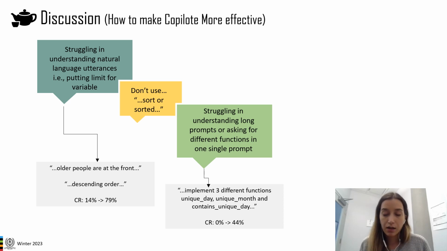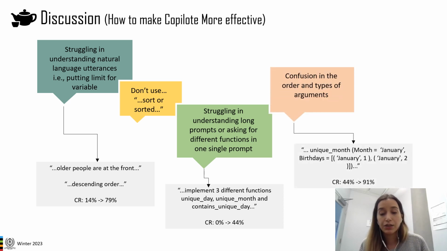So in another experiment, we separated those three functions into three separate prompts and asked Copilot separately. The interesting part was that the correct ratio increased from 0 to 44% for this specific assignment.